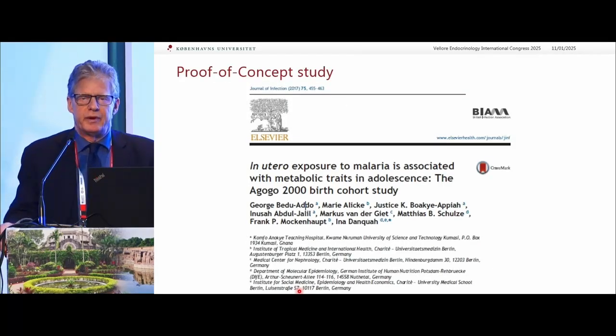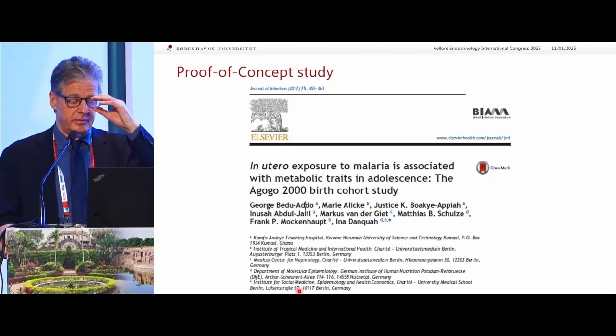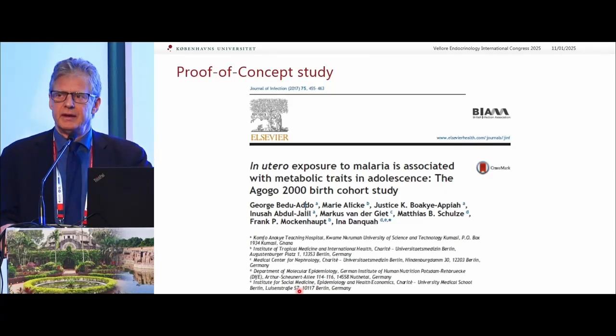There was a group from Germany and Ghana that carried out a study in 15-year-old boys and girls, teenagers who were exposed to malaria during pregnancy.